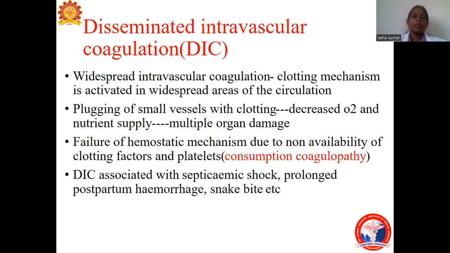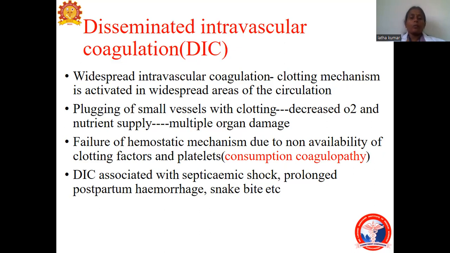Next is disseminated intravascular coagulation, a widespread intravascular coagulation in which the clotting mechanism is activated in widespread areas of the circulation.